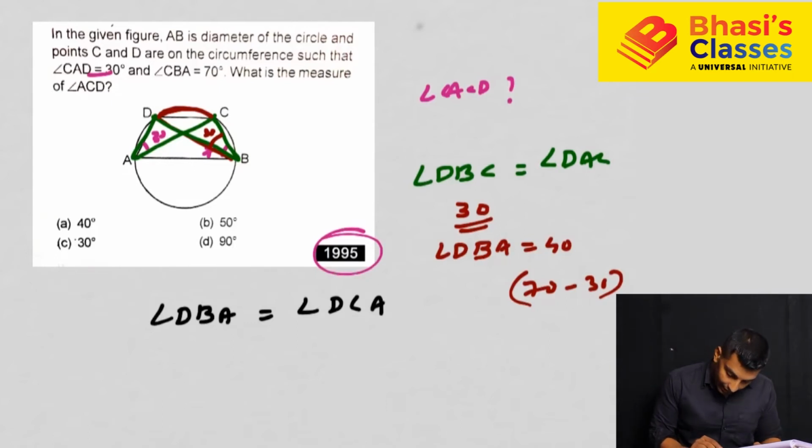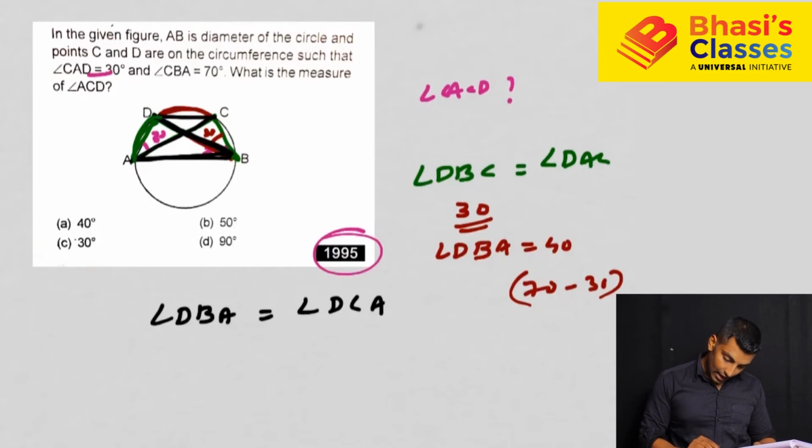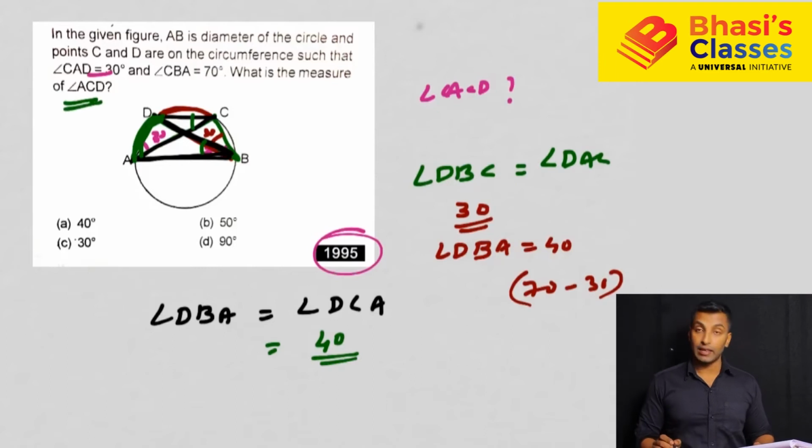Both are coming from this arc, right? So angle DBA and angle DCA will be equal, and we know DBA is 40, so angle DCA is equal to 40, and that's what was actually asked, angle ACD.